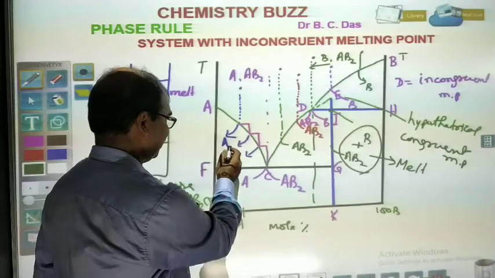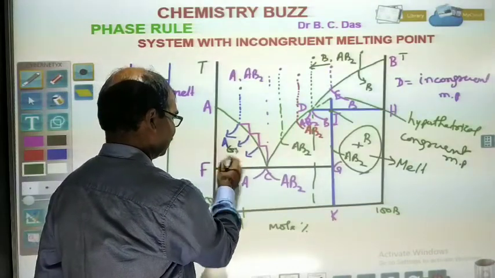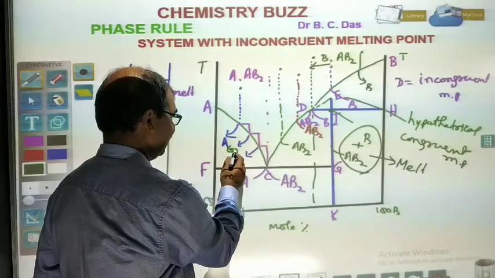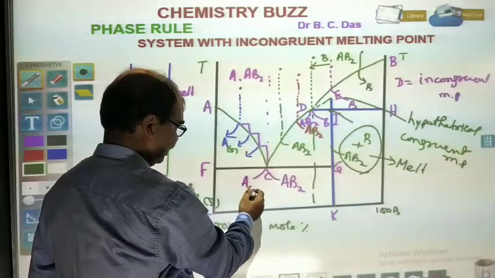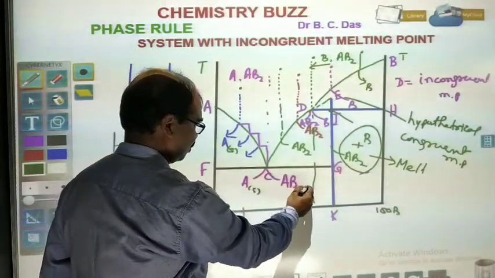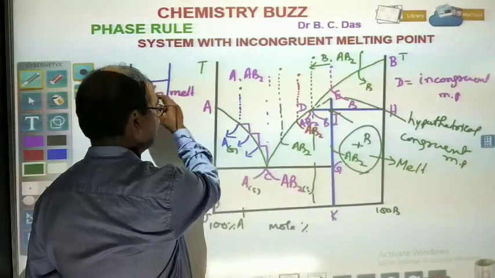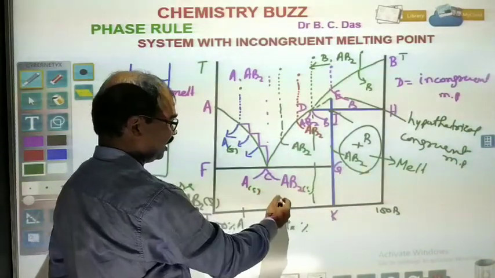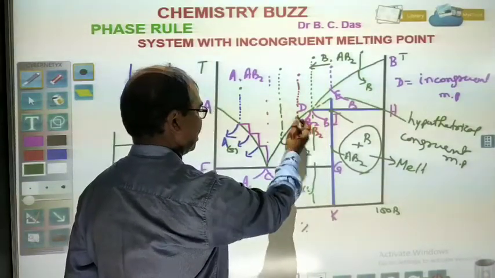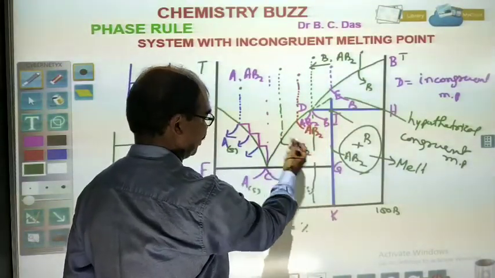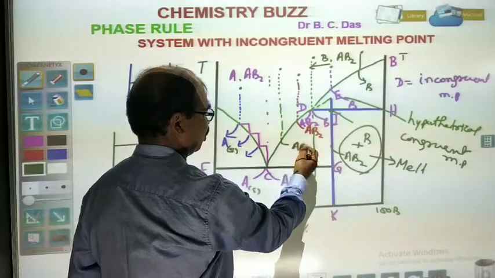Here it is two phases, that is solid A present in the melt. Here the solid A and the solid AB2 are present in the solution, and the melt is also there. In this case, solid AB2 and melt are two phases, so this is monovariant.